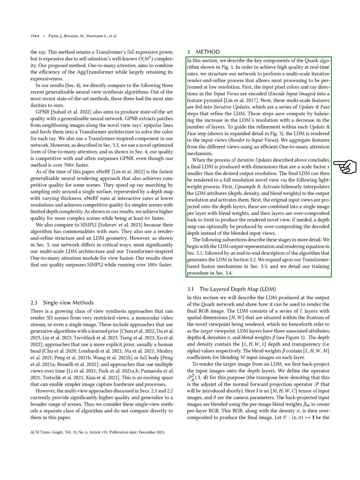To render the target image from the LDM, we back-project the input images onto the depth layers using a specific operator. The back-projected images are blended with their respective weights to create per-layer RGB values, which are then composited to produce the final image. We utilize a standard over composite operator for this process, allowing us to render images efficiently.